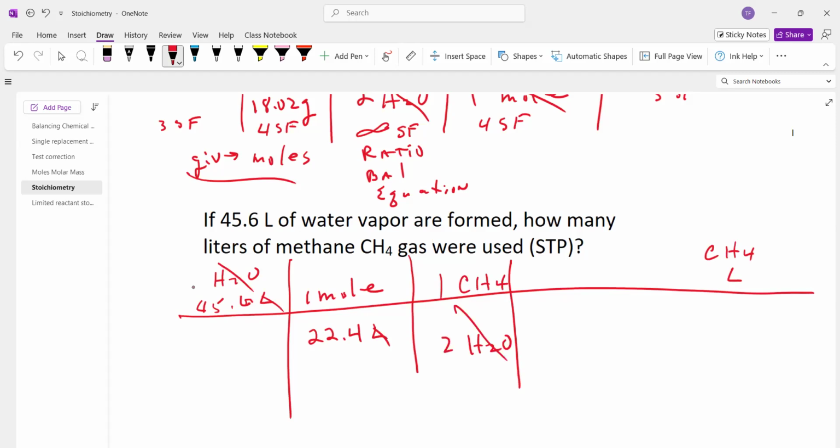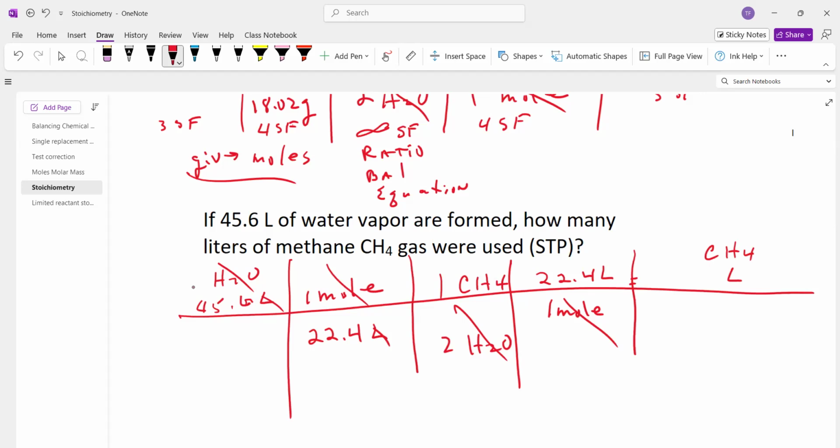Now we need to go to liters of methane. Now we're at liters of methane. Notice the pattern is exactly the same. 3 steps, exactly the same.